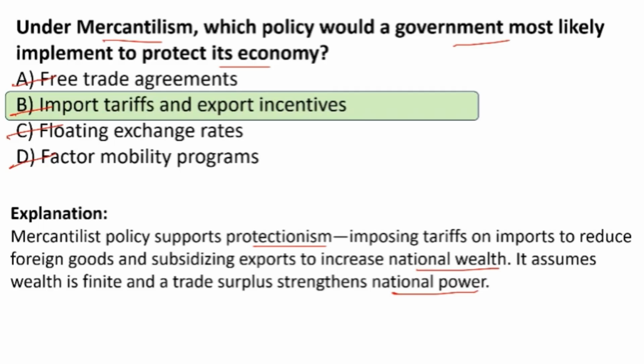What the government is doing is imposing tariffs on imports, so imports will be reducing, and foreign goods will be coming less in the domestic market, right, and the exports will be increasing. So when the exports are increasing, obviously your wealth will be increasing, correct? So that is how the countries are increasing their wealth. Clear?